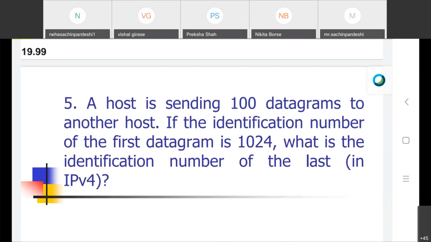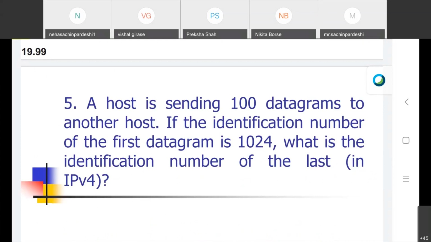Next problem. A host is sending 100 datagrams, a different 100 datagrams, to another host. If the identification number of the first datagram is 1024, what is the identification number of the last in IPv4?